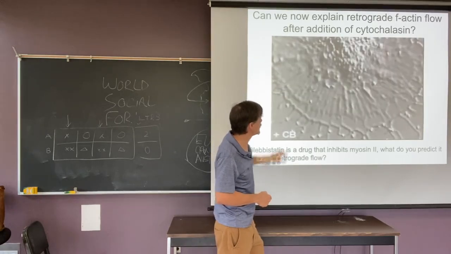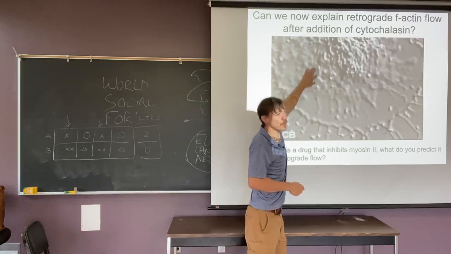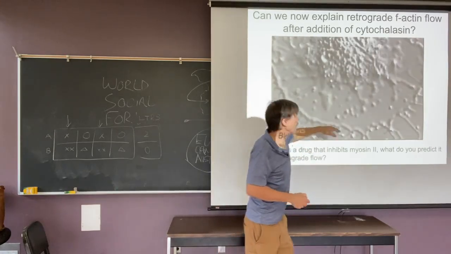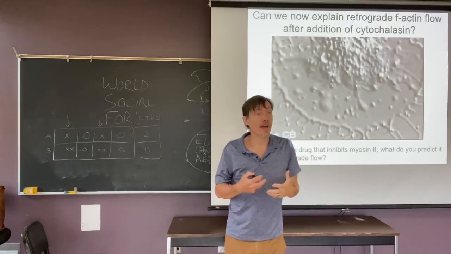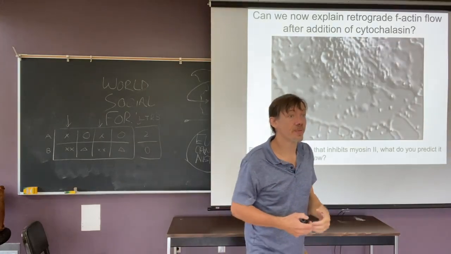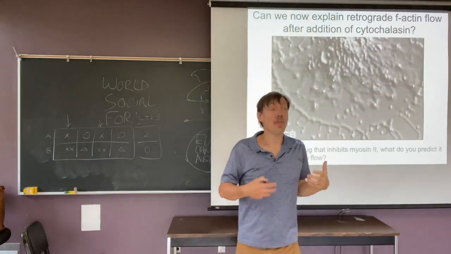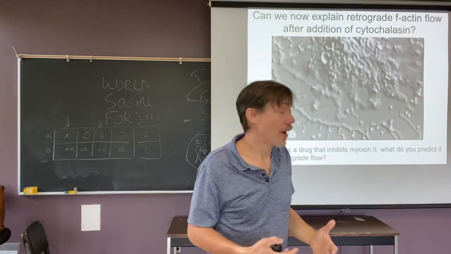Okay, cytochalasin's added, and you can see that region's moving back. So part of the reason that retrograde flow is happening is through actin assembly, but if actin assembly is blocked and we still have retrograde flow, there has to be more going on there.